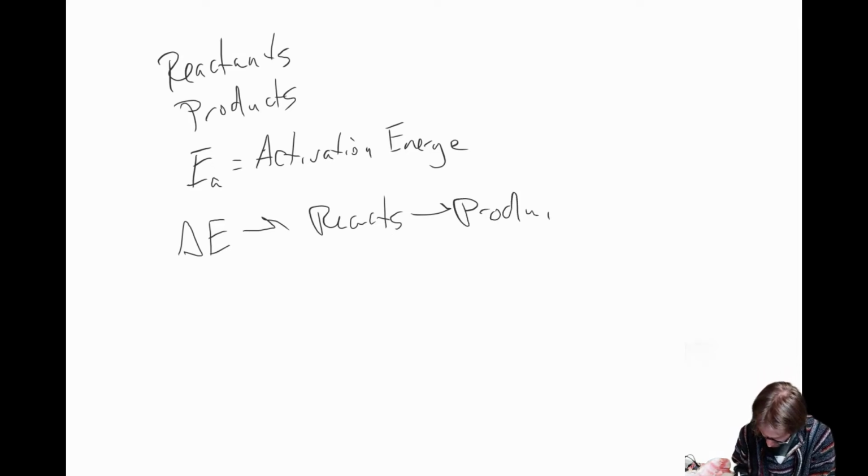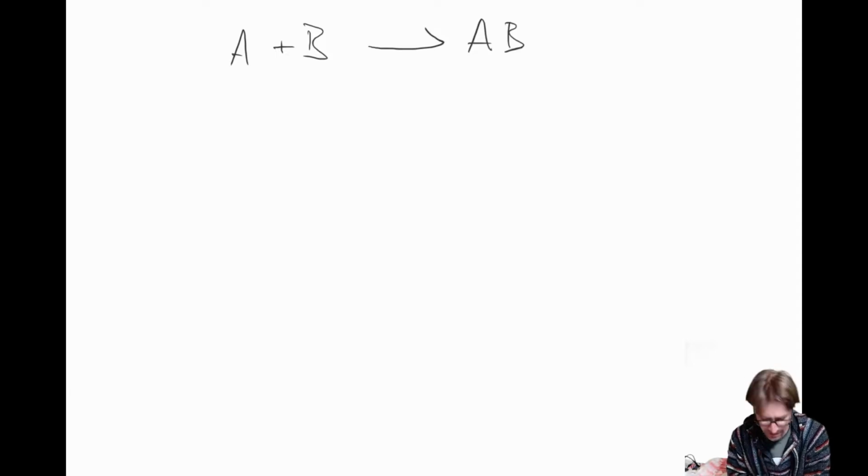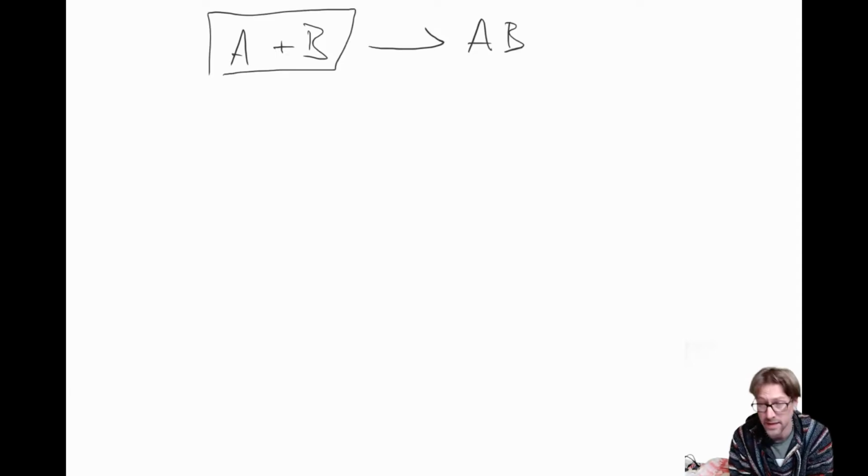So let's look at what we call a reaction pathway. Let's say we have some reactants, A plus B, reacting to form AB. We've already talked about how these two have to collide in the right orientation with enough energy for this to occur. So let's look at a simple reaction pathway.